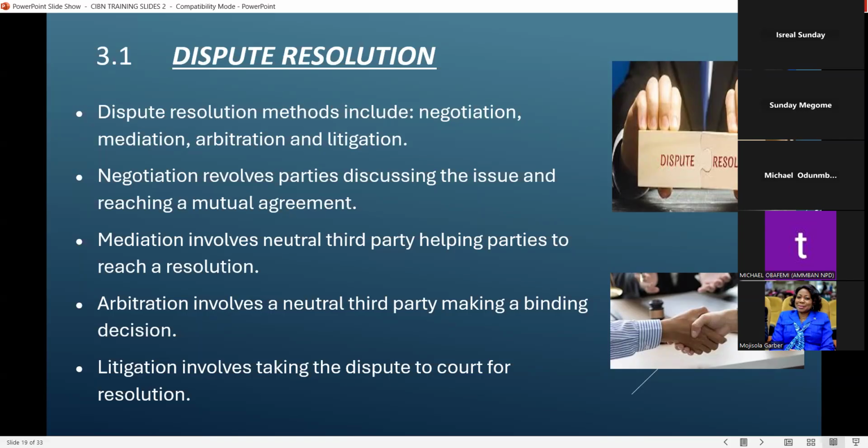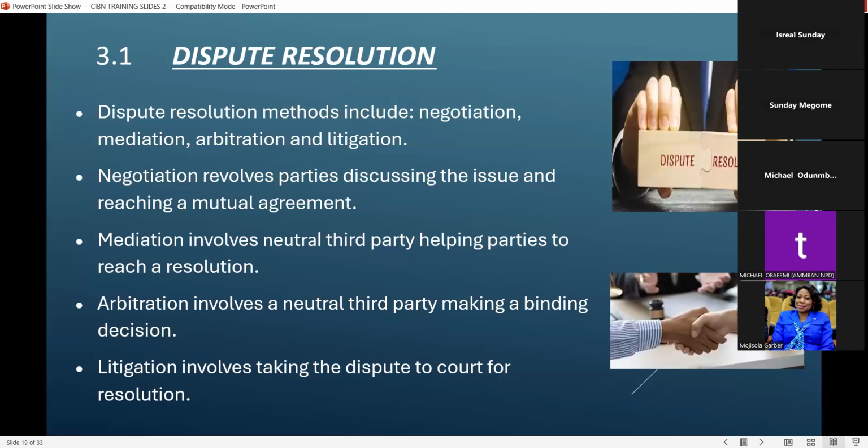Arbitration involves a neutral third party making a binding decision. Binding decision. You brought in a third party and you discuss the issue, and after a while, you write an agreement to bind what you have resolved. That's way above mediation.